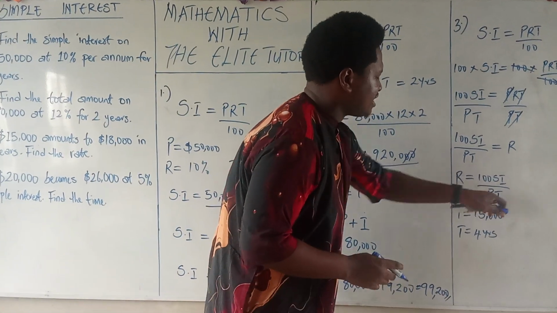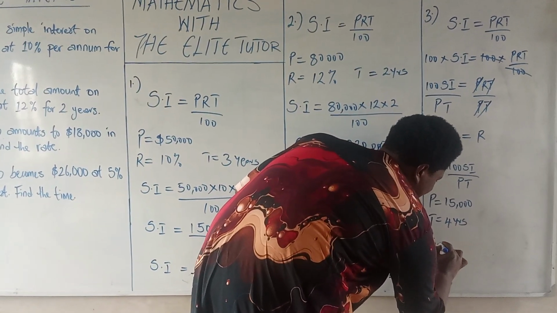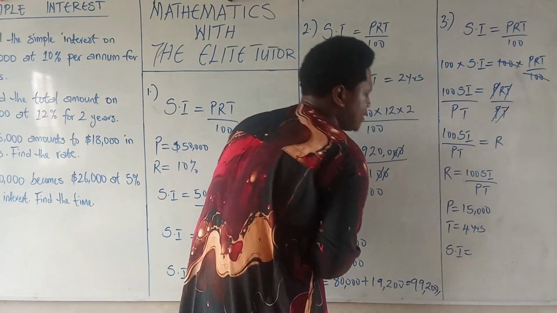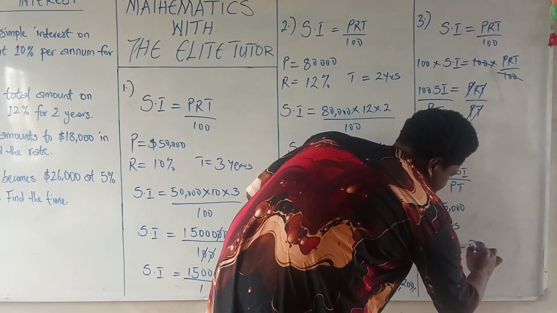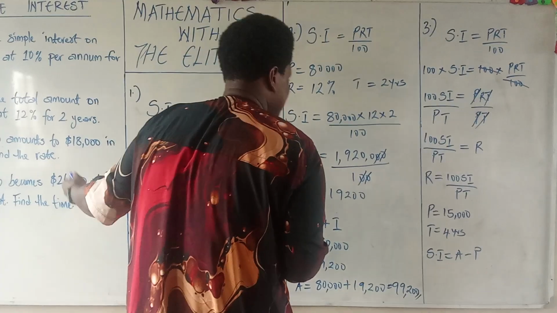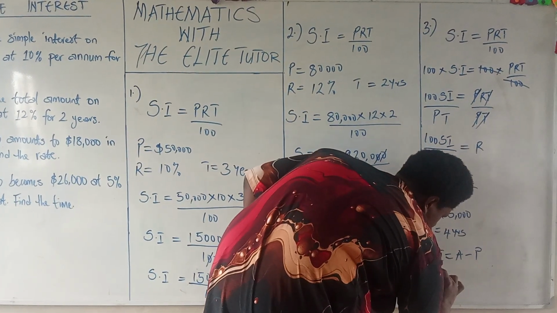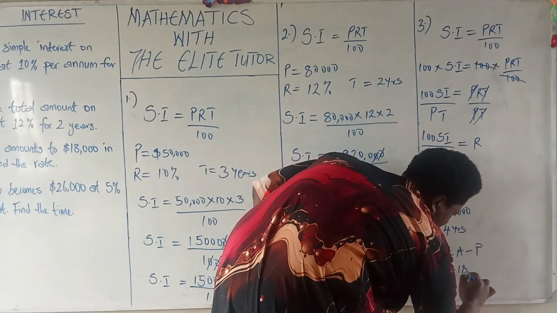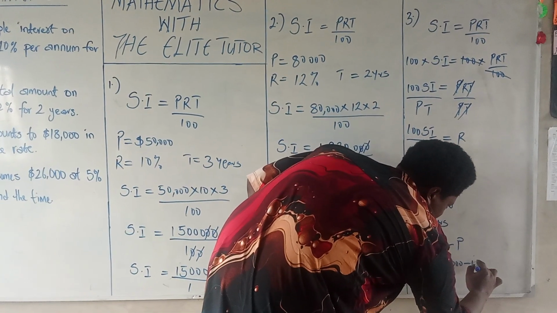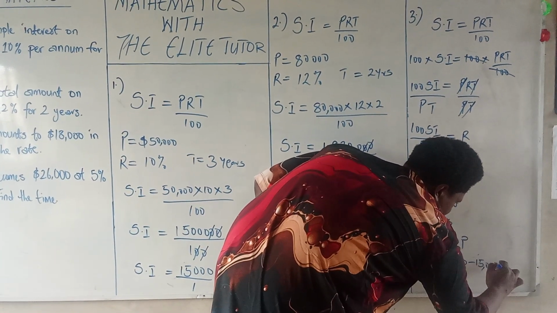So we have our principal, our time, and then finally our simple interest. Our simple interest will be our amount minus principal. And the amount here is $18,000. So our SI, simple interest, is equal to $18,000 minus $15,000.